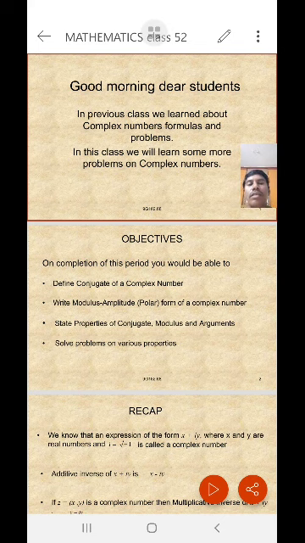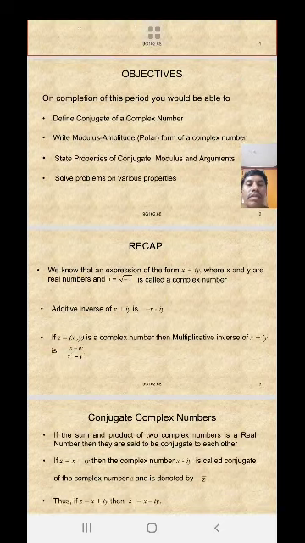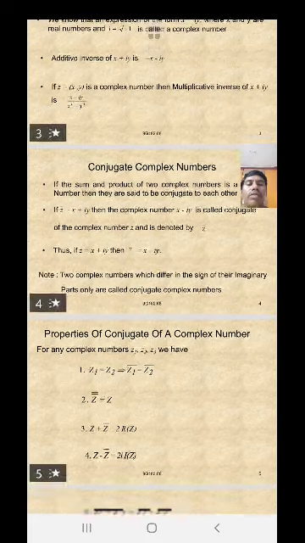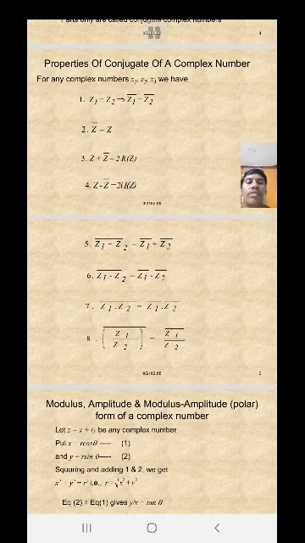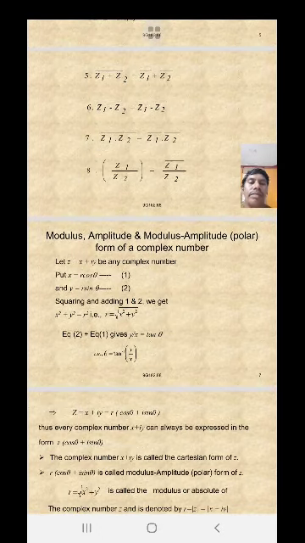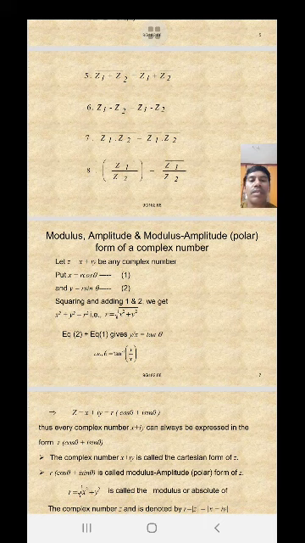On these topics we did some problems. Before going to the problems, first we have to observe how the question is given. If the question is given in the Cartesian form, that is x plus iy or a plus ib, then we can easily find its polar form or the conjugate of the complex number.